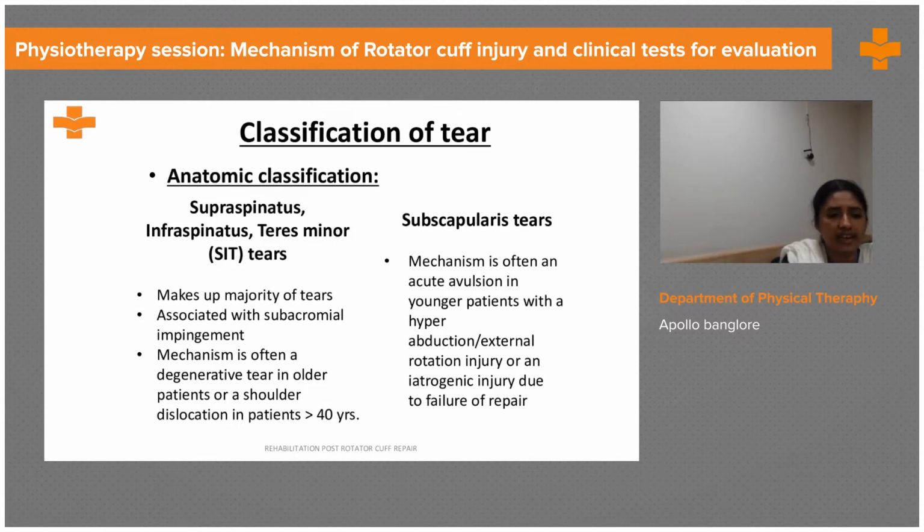The mechanism is often a degenerative tear in older patients, or a shoulder dislocation in patients more than 40 years. Subscapularis tear is rare compared to the supraspinatus tear, but the mechanism of injury can be an acute avulsion in younger patients with a hyperabduction or external rotation injury, or it can be an iatrogenic injury due to failure of repair.